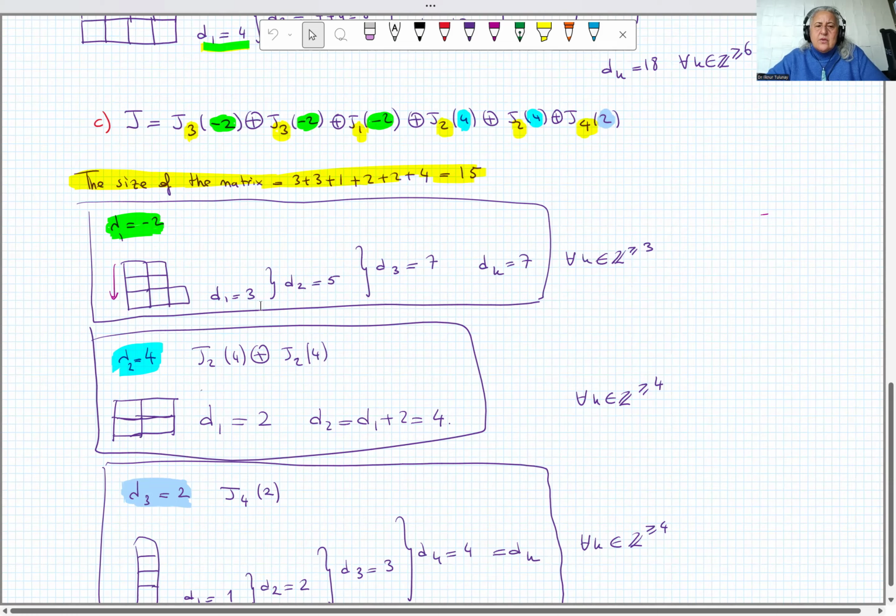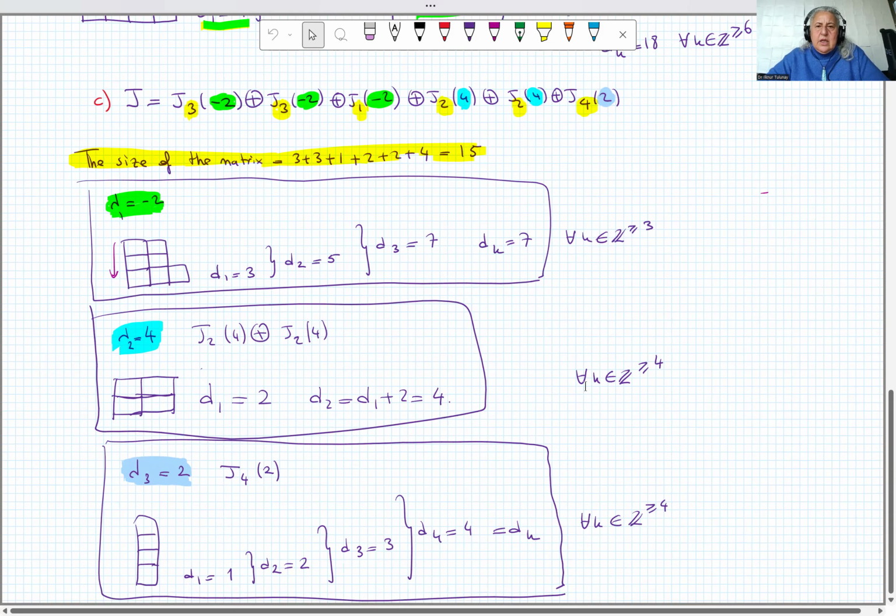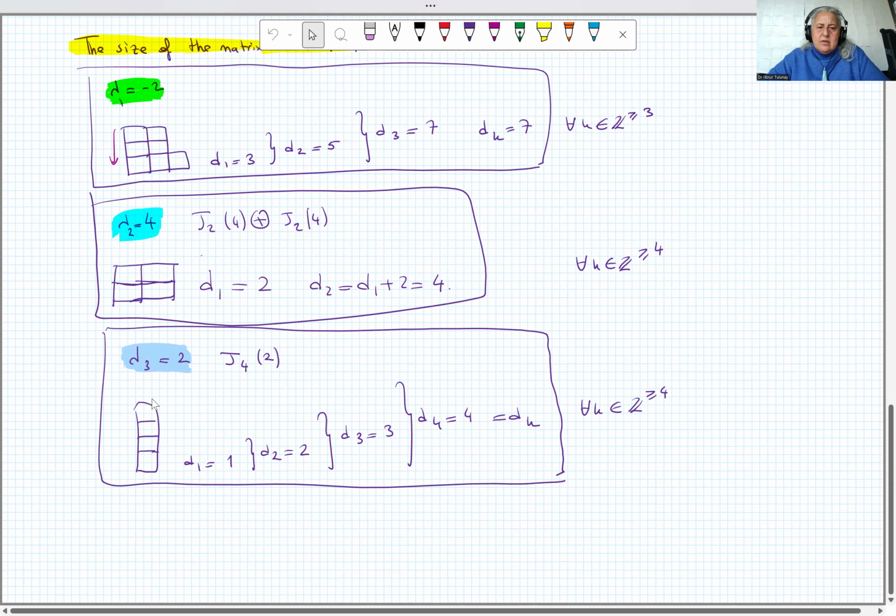This is the simplest one. It is 2 in both directions. So you have D2 is 4. And D4 is equal to 2. It means that you have one long vertical one because everything is 1, 1, 1, 1. That gives you J4.